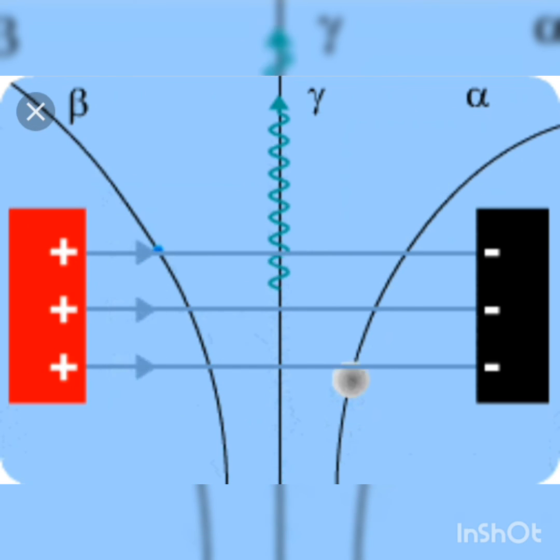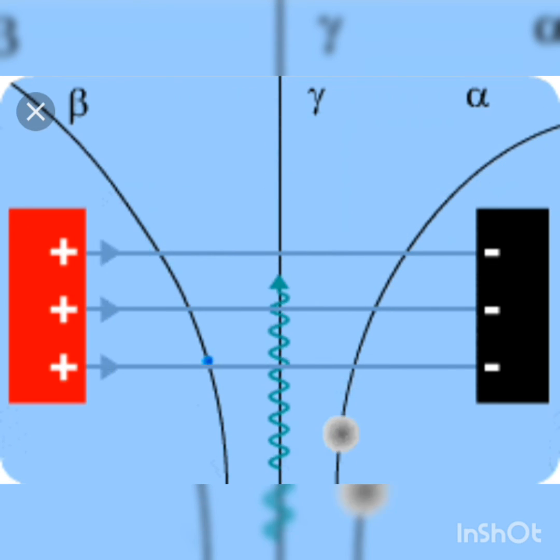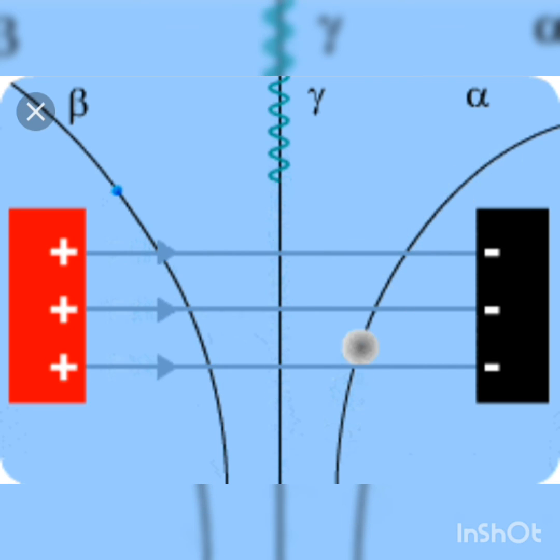The radioactive radiations are affected by electric and magnetic fields. It is seen that alpha particles are attracted towards the negative terminal, whereas beta particles are attracted towards the positive terminal.